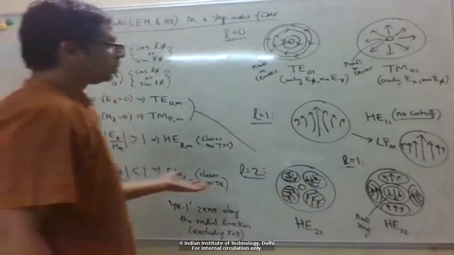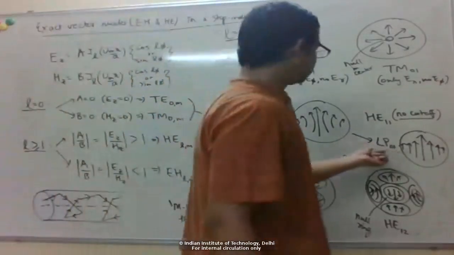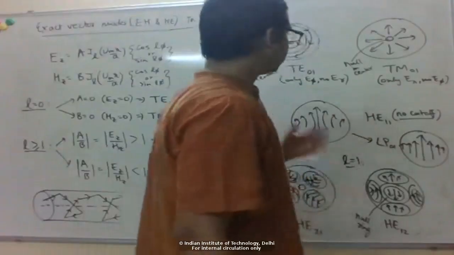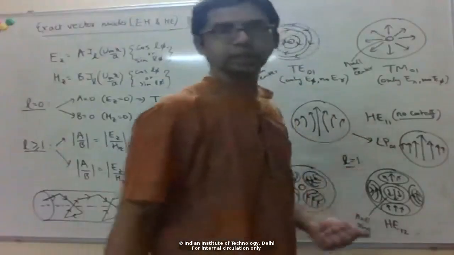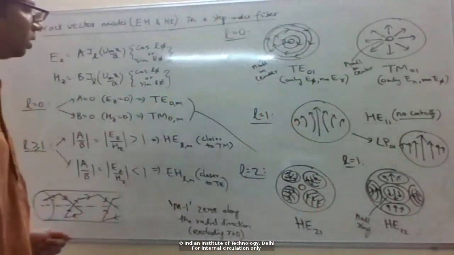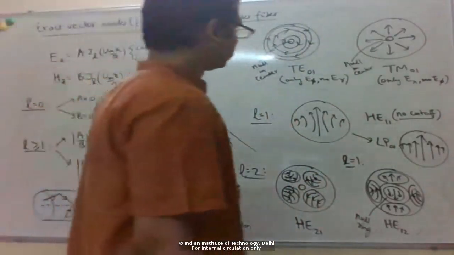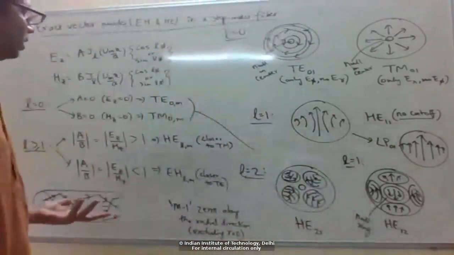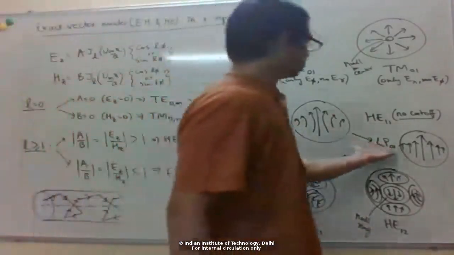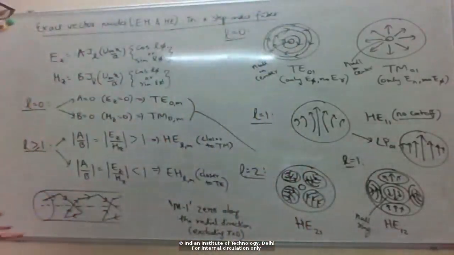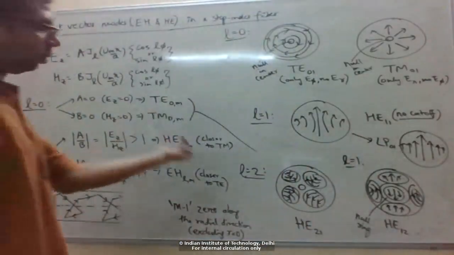So basically these LP modes we can think of as a superposition of these EH and HE modes in the weakly guiding limit. If we add them up appropriately, we get these LP modes under the weakly guiding approximation. In general, of course, we can't add them up because they are different modes.